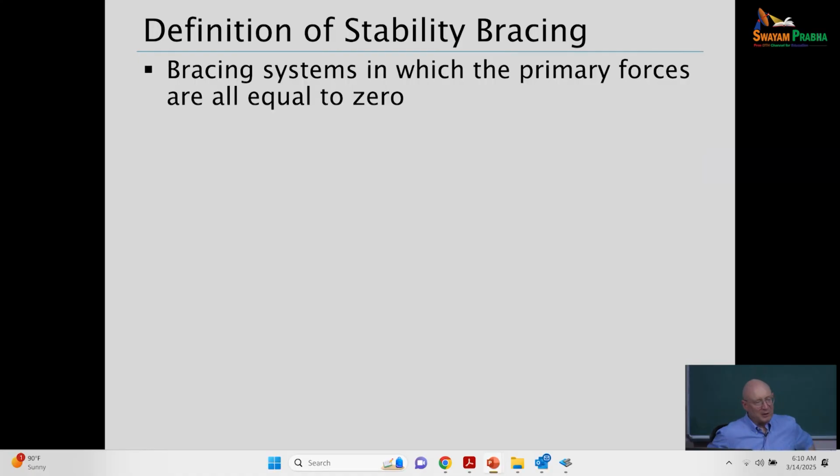So first of all, let's define what stability bracing is. It's basically bracing systems where, if you're doing at least a planar analysis of a structure, you say, okay, I've got my structural analysis, but I didn't calculate any forces in those members, but those members are preventing my frame typically from failing out of plane.